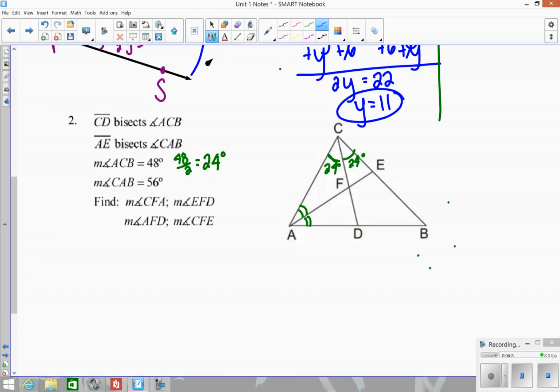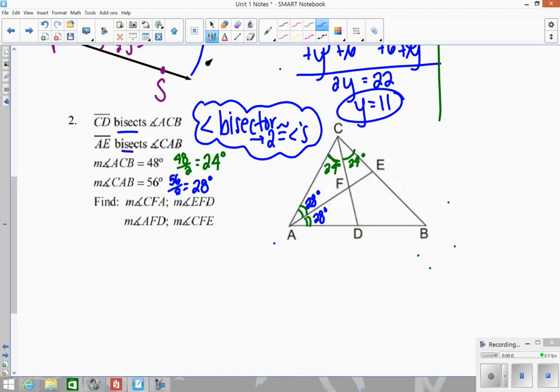If we take 56 and divide that by 2, because it was an angle bisector, you're going to get 28. So each of these is 28. Again, because I had these angle bisectors, that implies 2 congruent angles. That's the reason for what I just did.